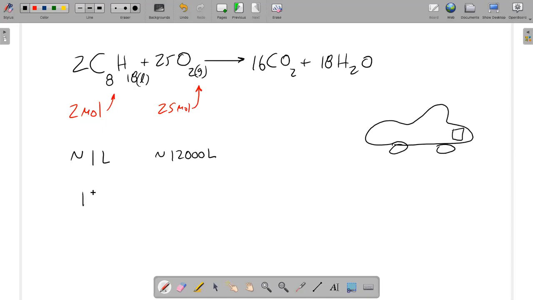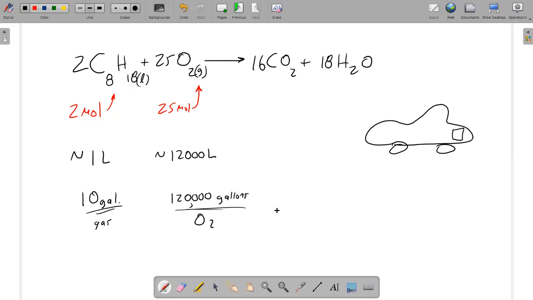If you buy 10 gallons of gas at a gas pump to fill up your car, that requires about 120,000 gallons of oxygen gas as you drive down the road. Once you've driven those 10 gallons of gas down the road, you've used on the order of 120,000 gallons of oxygen from the air, which is quite a lot of oxygen.